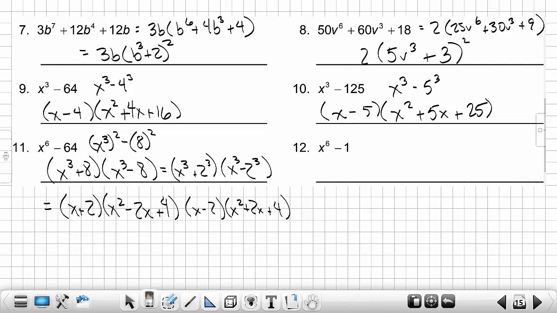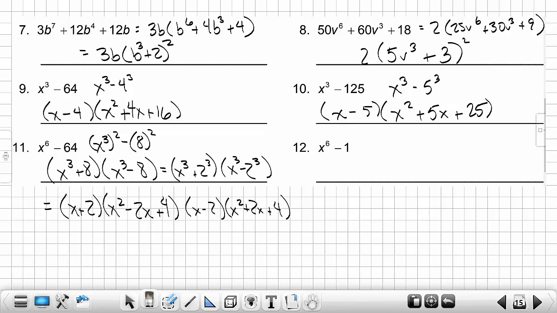What makes that going further? Because it's an 8. That's exactly it. You are 100% correct, Raymond. So you find the difference of two squares first, and then you did difference of cubes and sum of cubes, because that ends up being a cube and that ends up being a cube.